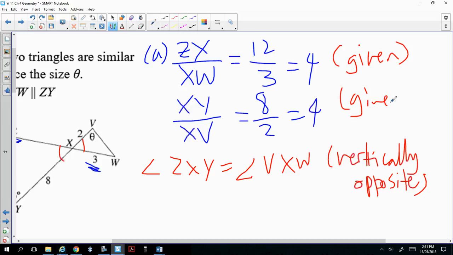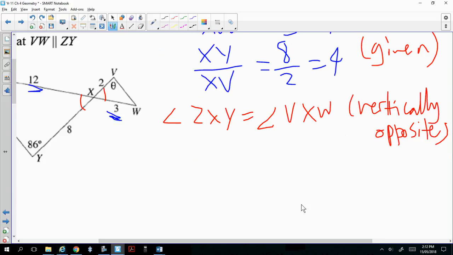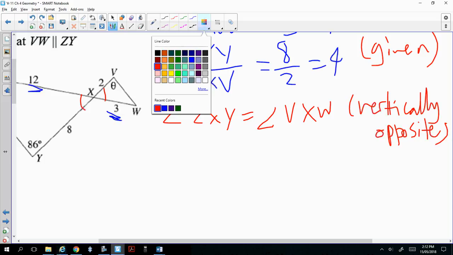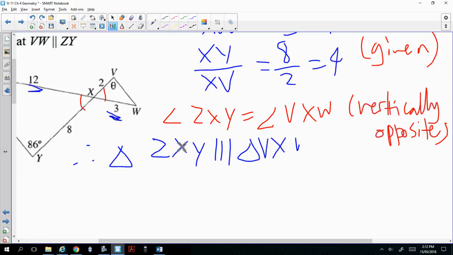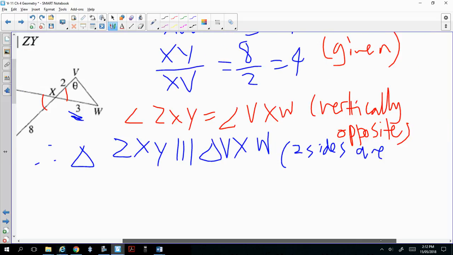Now we're ready. So we just say, therefore, the 2 triangles are similar. Just copy down the statement: triangle ZXY is similar to triangle VXW. What do you say? 2 sides are in proportion, and the included angles are equal.